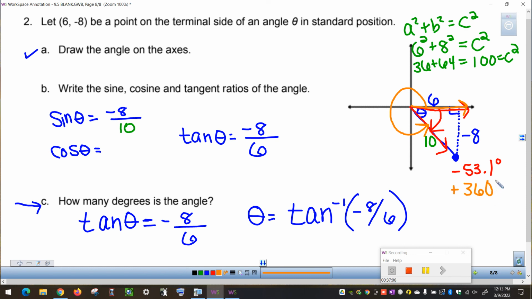Well, that would just be a coterminal angle to the one that our calculator gave us. So it would really just be adding 360 to get a different label for the same position. So as a positive angle, it could be 306.9.